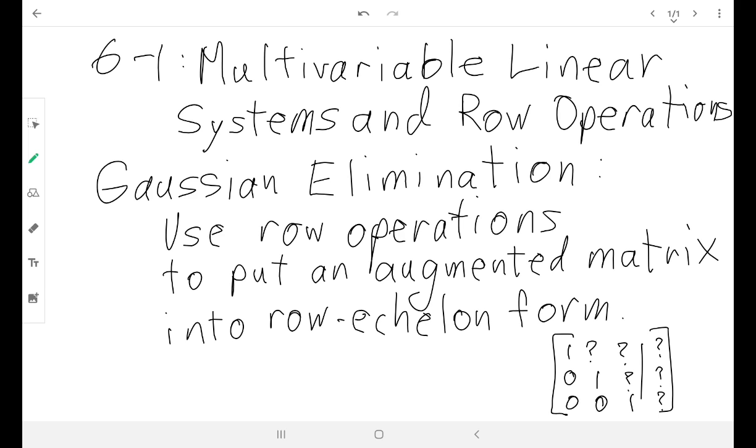And the idea is we're going to have to use what's called row operations to take an initial matrix that we're going to set up from a system of linear equations, and we are going to work it until it looks like this. And so that's what we're going to do in the example coming up on the next page.